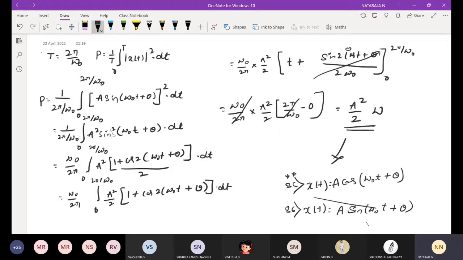Then the rest of the things: here you are going to get 1 minus cos 2 theta by 2. Here also minus. You will get the same answer.